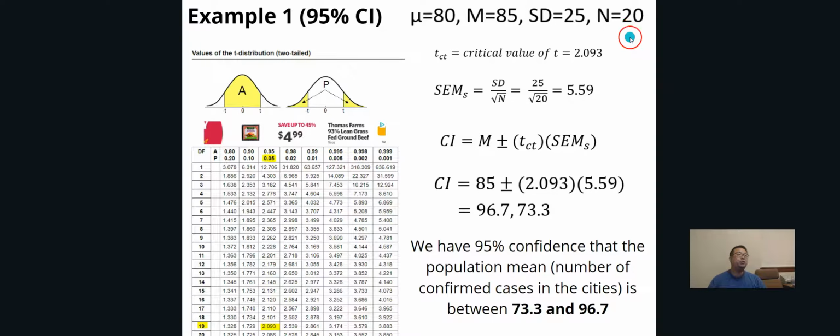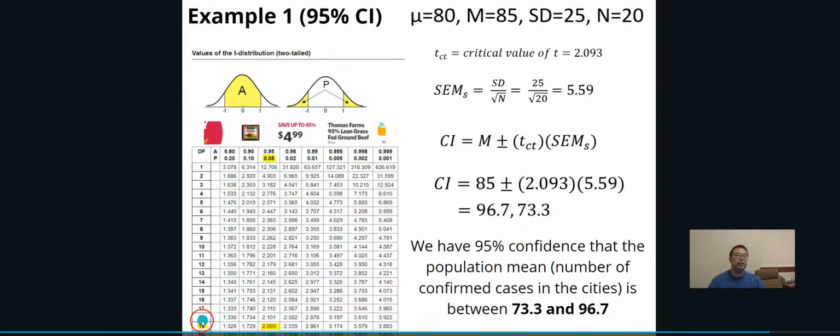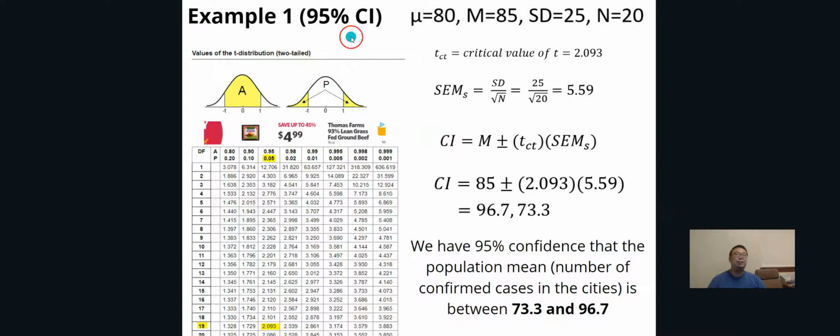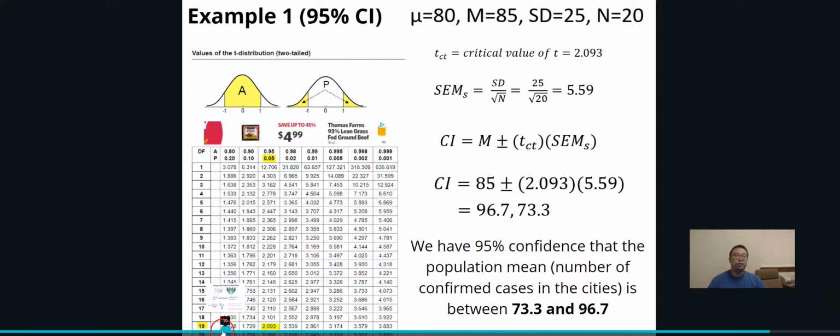So 20 minus 1 is 19 in this table. The row is degrees of freedom, and we are using a 95% confidence interval, which means we are using 0.05 as the alpha level.